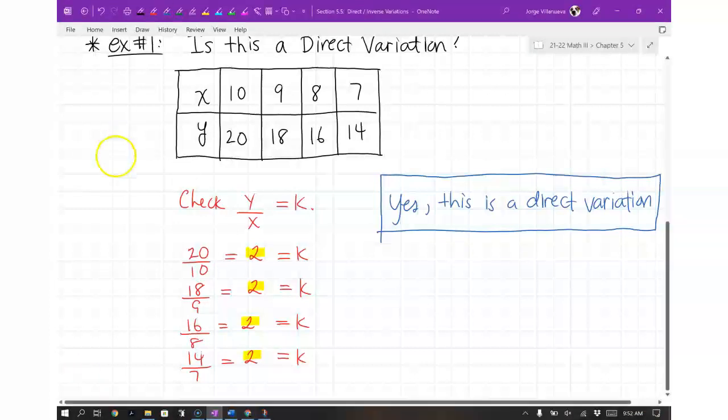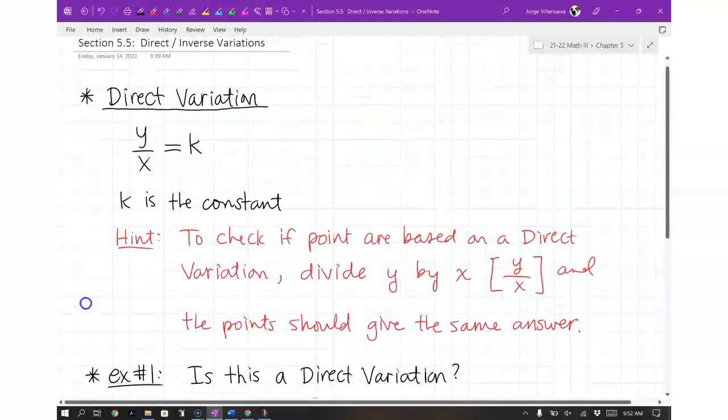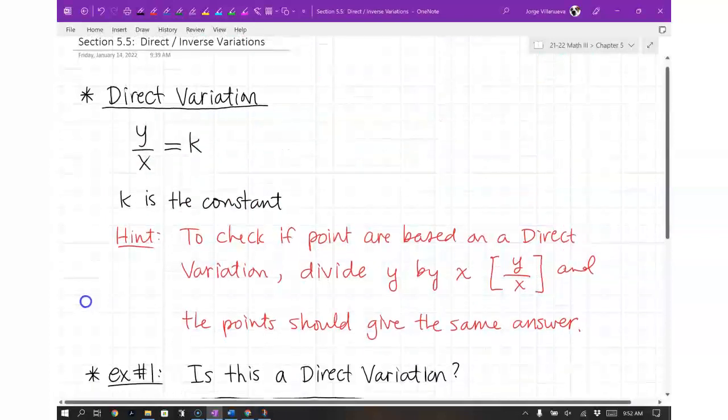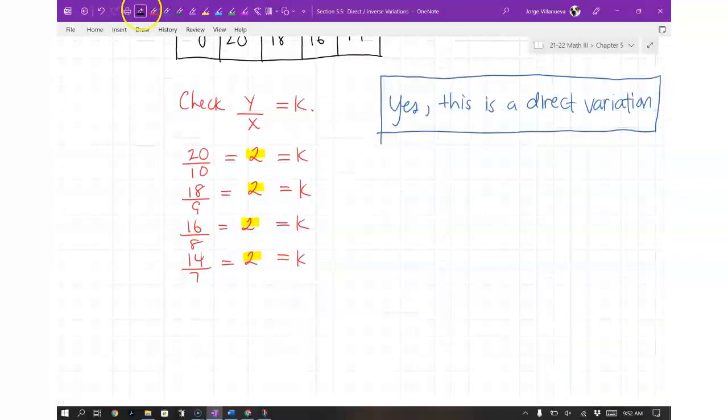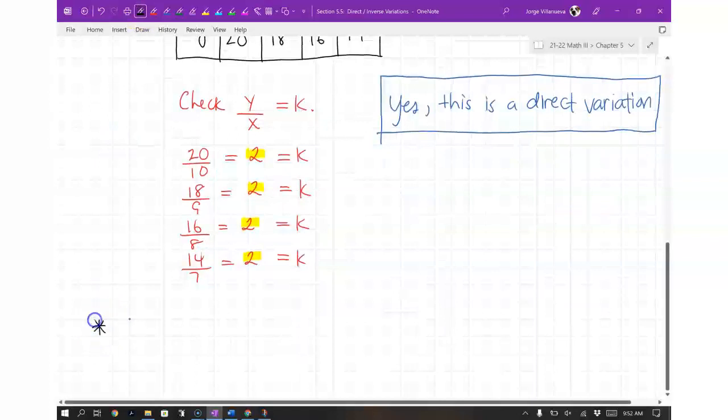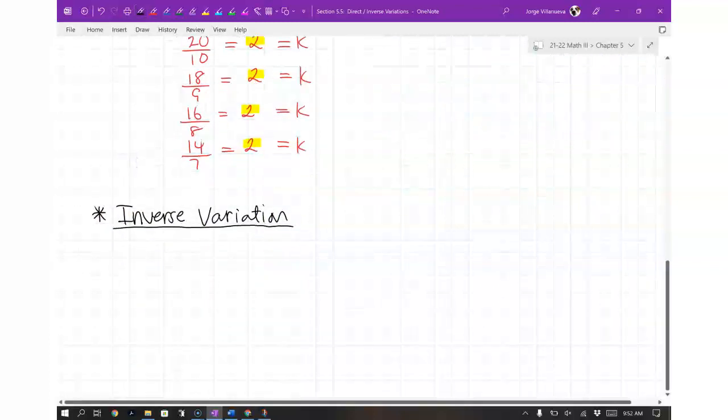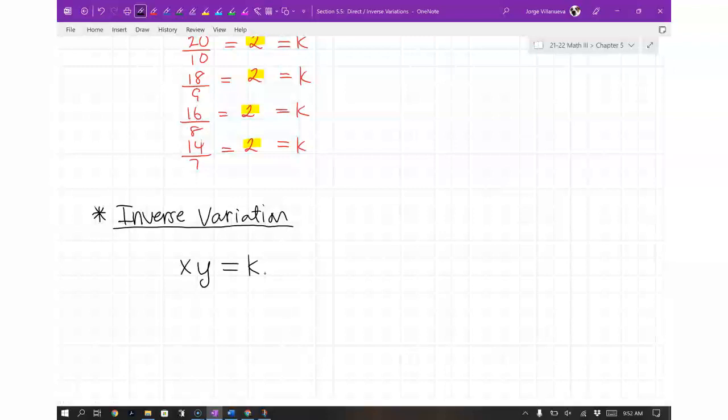All right. So in the very beginning, we started off with what is direct variation. Now let's define what is inverse variation. So inverse variation looks like this. xy equals k.